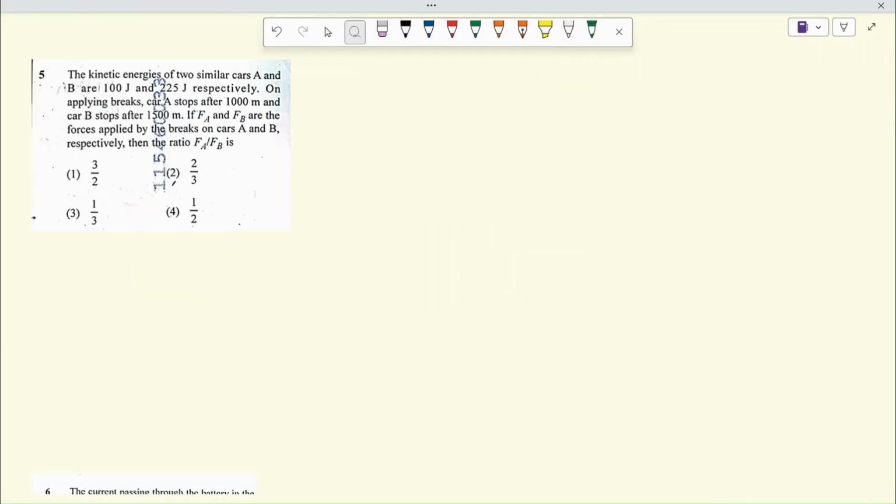Fifth question. Here we have two cars A and B. Initial kinetic energies are given 100 and 225, and the stopping distances are 1000 and 1500. Now we have to find the ratio of forces. And you know one thing, work energy theorem.